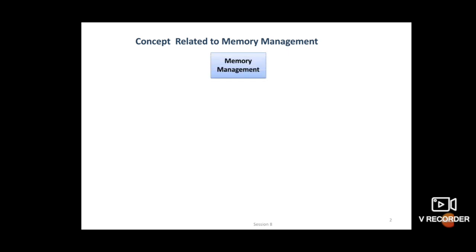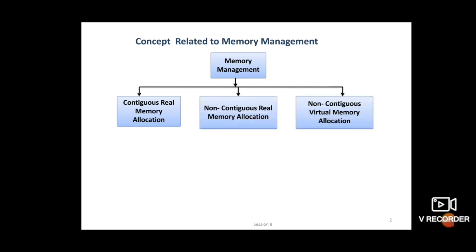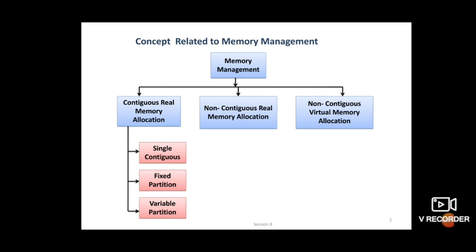Memory management is divided into three types: contiguous real memory allocation, non-contiguous real memory allocation, and non-contiguous virtual memory allocation. In contiguous memory allocation, there are single contiguous, fixed contiguous and variable partition. Single, fixed partition and variable partition we have already studied in the last session.